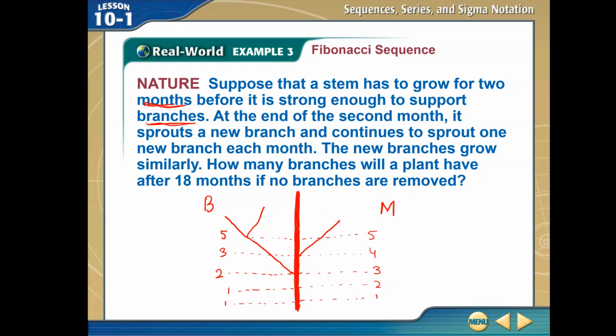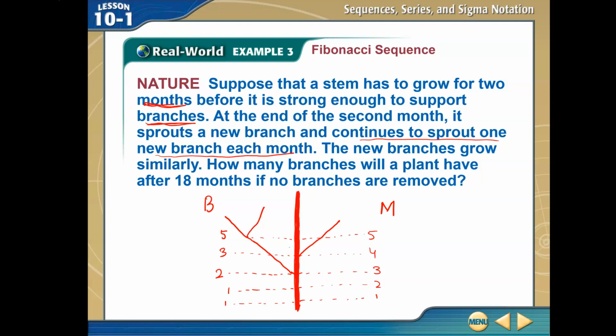So by following this pattern, why? Because they're saying it continues to sprout one new branch each month. Each month they will sprout one new branch, okay? So let me give you another example, the 6th month, you will have more branches.